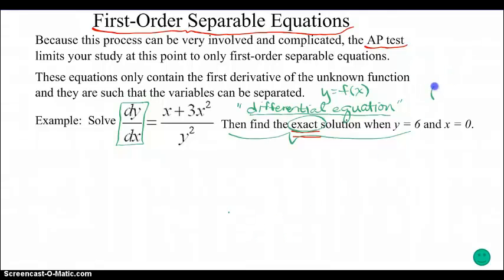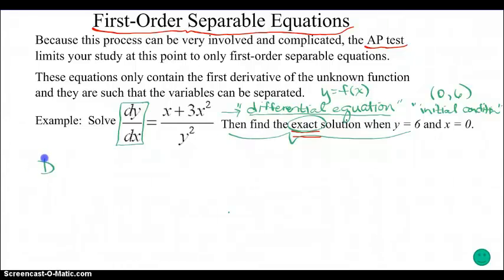And if they give you a point in the plane that this original function contains, and they give you an initial condition, remember that, that's what this is called. If they give you an initial condition, then you can find the exact or particular solution, not just the general solution.